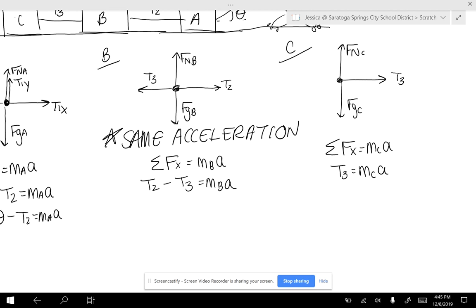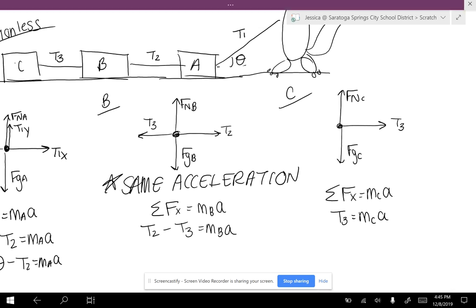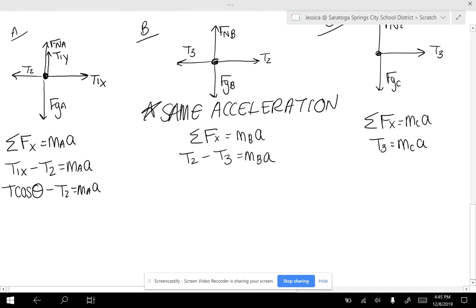Let's say our end goal was to find that acceleration. And the only thing we knew was T1. So we only know T1, and I need to solve for the acceleration. Okay. So clearly I need to use A because that has T1 in it. But in order to know T1, I need to know T2. In order to know T2, I need to know T3.